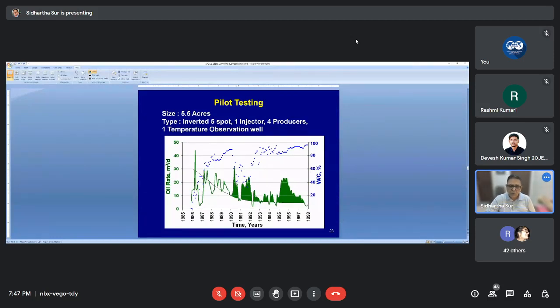So this clearly demonstrates that this process resulted in reduction in water cut. You can see very clearly. And incremental oil production. Substantial. 5 well production, which was 10 cubic meter per day, from 5 wells went up to 30 plus, and it was sustained.